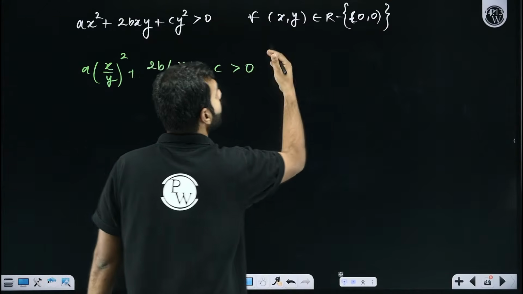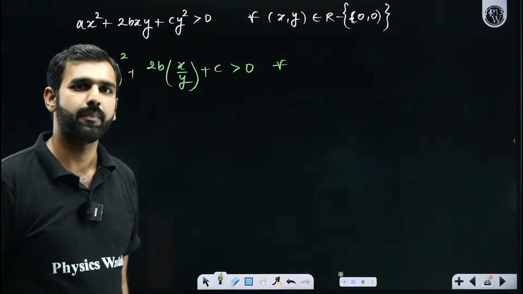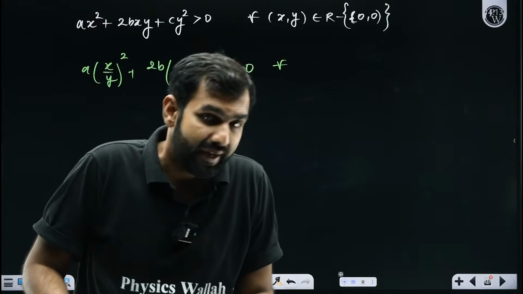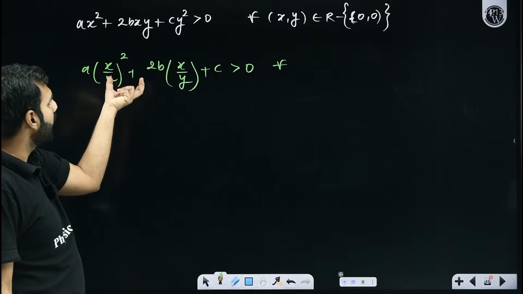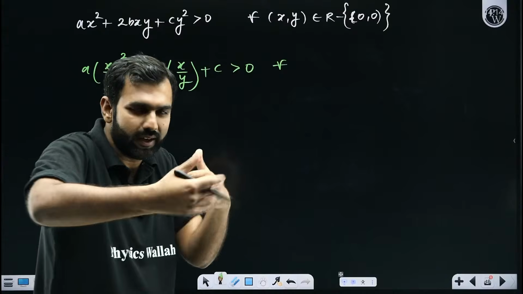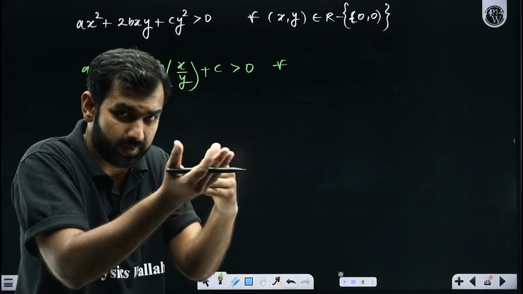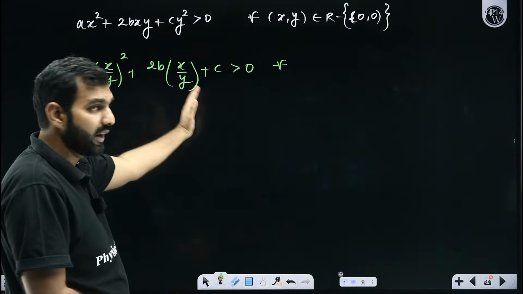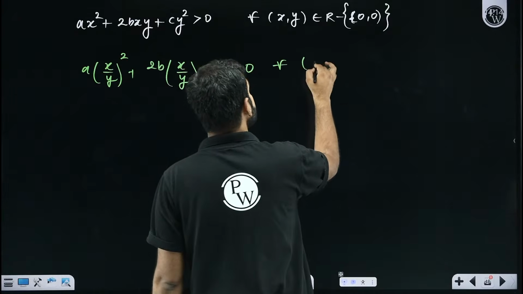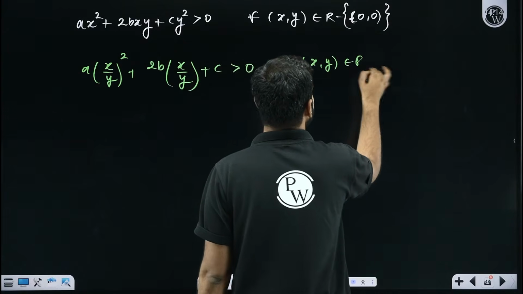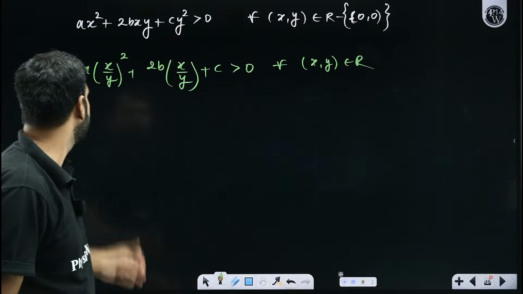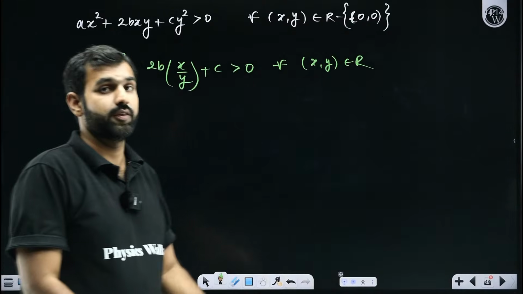This is true for all the xy which are real technically. Now, pay attention to this part. A quadratic in x upon y. So the variable here is not x, neither y, but the variable here is x upon y. So a quadratic in x upon y is said to be positive for all x and y which are real. Technically, it is like that only, except for 0, 0, because 0 by 0 is not defined. 0 by 0 is indeterminate.